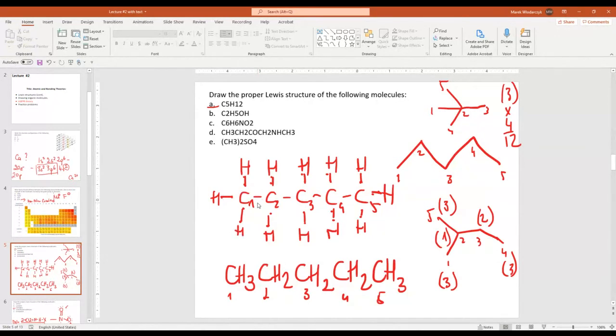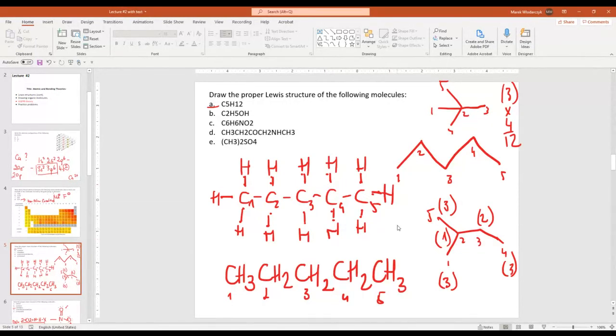Then you draw those elements with those electrons around, and then you try to connect them together with whatever remaining elements you have there, to make sure that all of the elements have the octet, and the hydrogen has 2 electrons on the valence shell. And if you can do that, then you will have a proper Lewis structure.